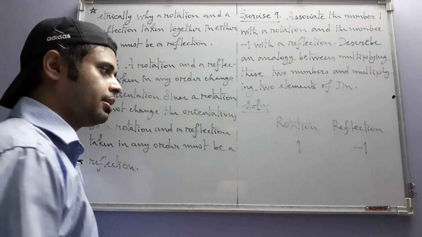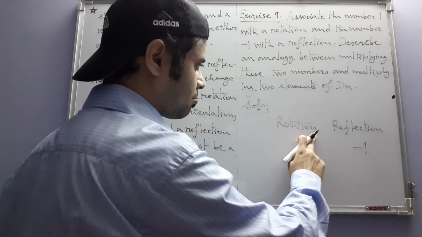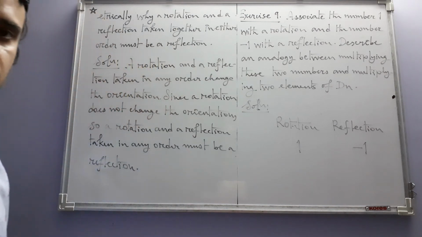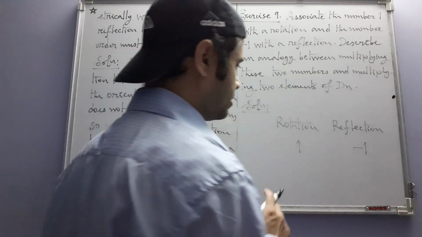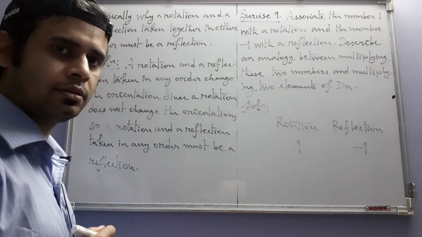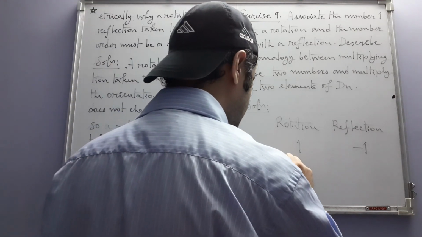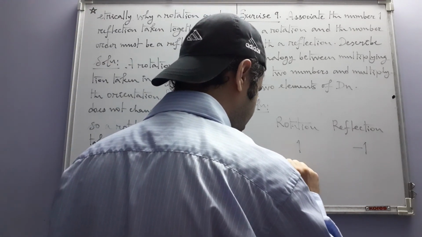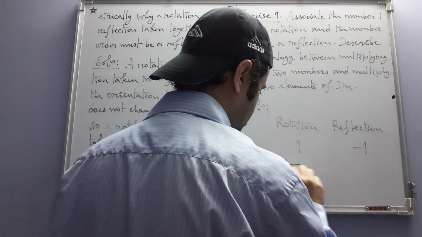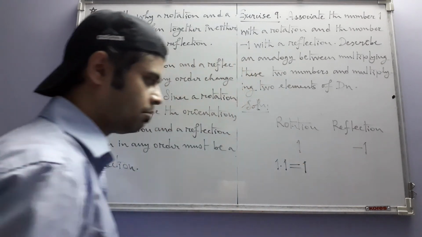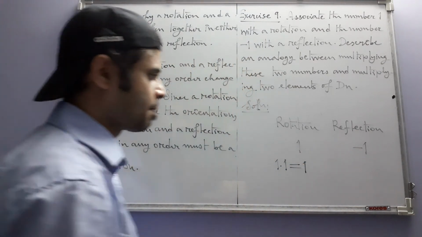We have seen that if we perform 2 rotations successively, then the result is again a rotation, which is like multiplying 1 with itself and getting 1 back.